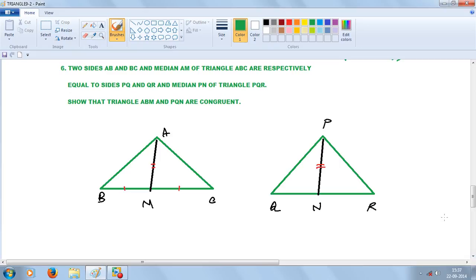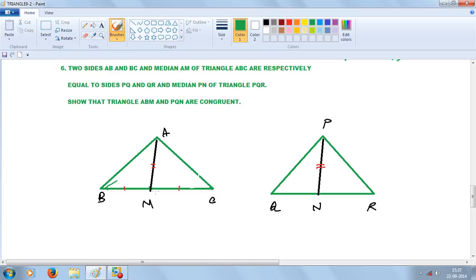Next problem: two sides AB and BC and median AM of triangle ABC. AM is median, means BM is equal to MC. Then only it's median.